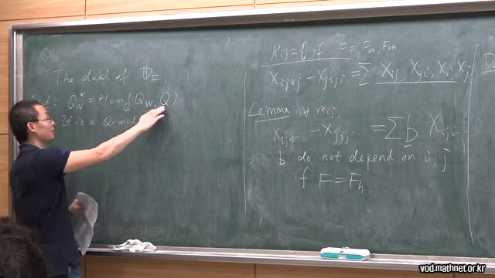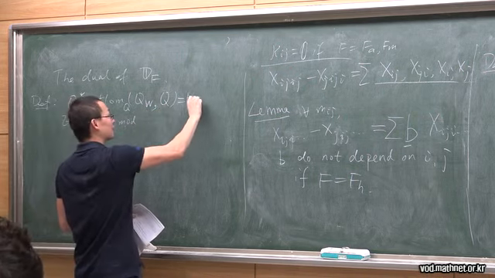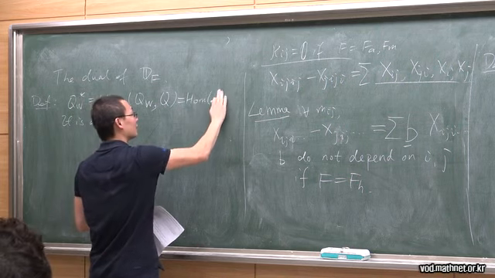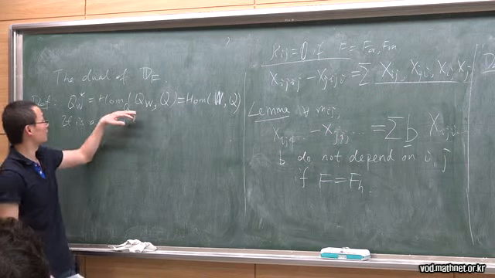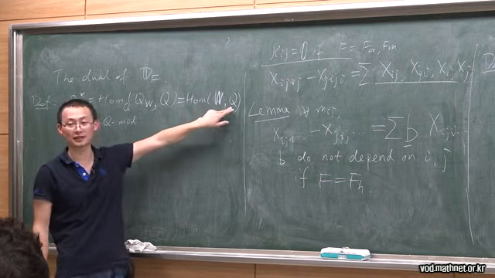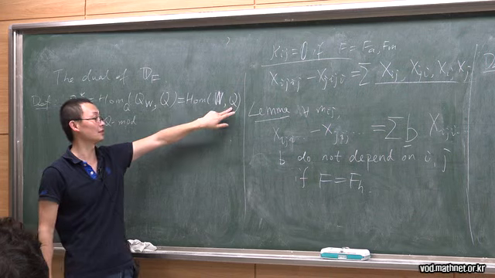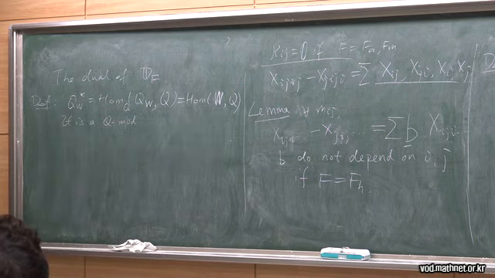Okay? So you can induce a Q action on the target. Another way to see that is this dual is precisely the set of maps from the set W to the set Q. And now Q acts on this Q, that's why you have a Q module on this set. Okay?